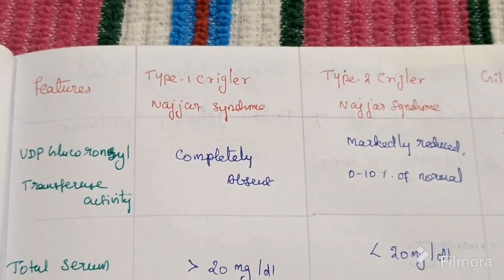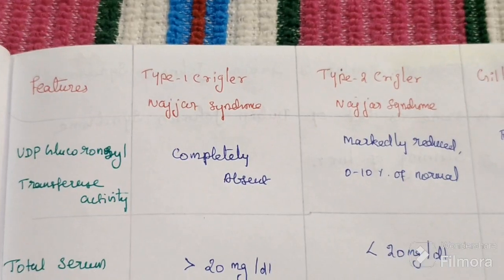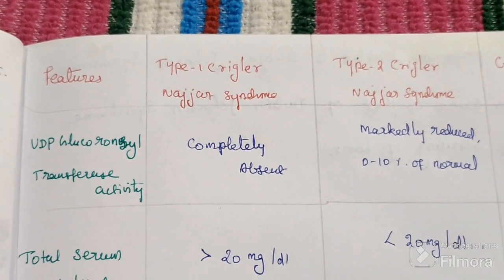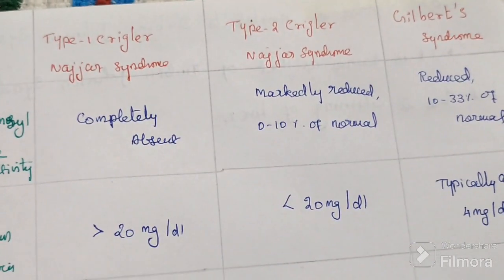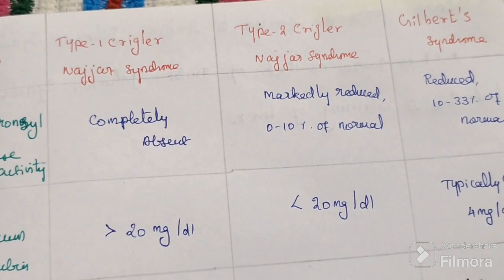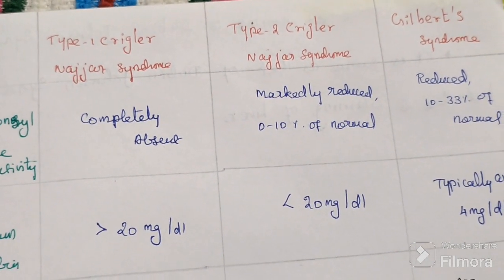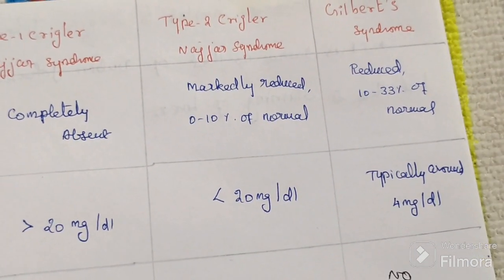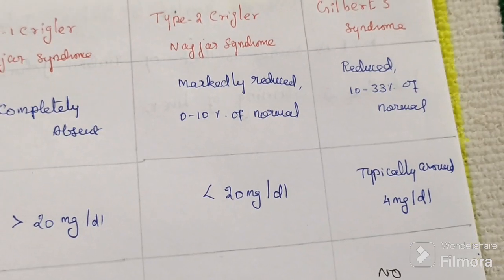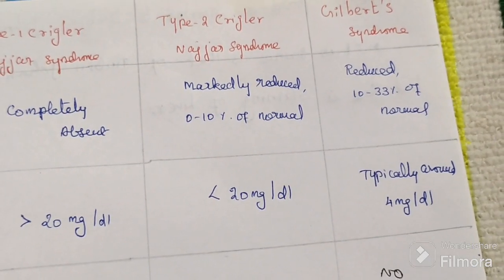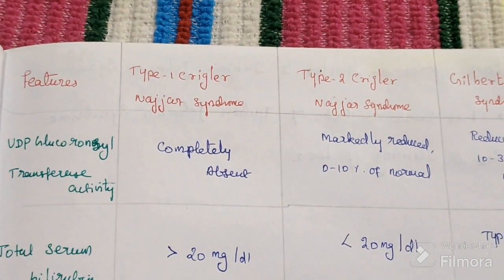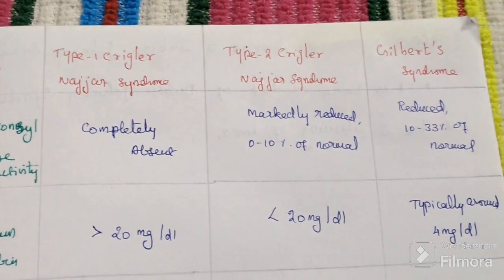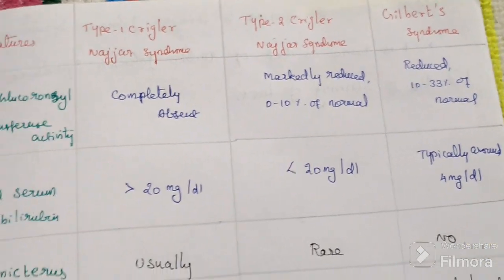Crigler-Najjar syndrome occurs due to deficiency of the enzyme responsible for conjugating bilirubin, called UDP glucuronosyl transferase. This activity is completely absent in Crigler-Najjar type 1, markedly reduced in type 2, while in Gilbert syndrome it is reduced to 10 to 33%.